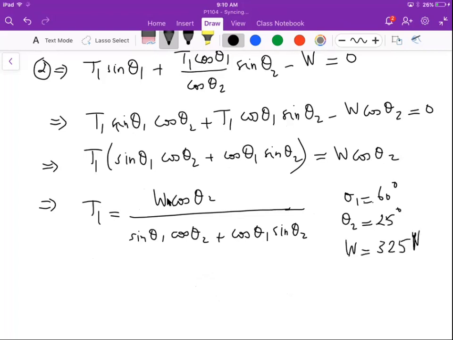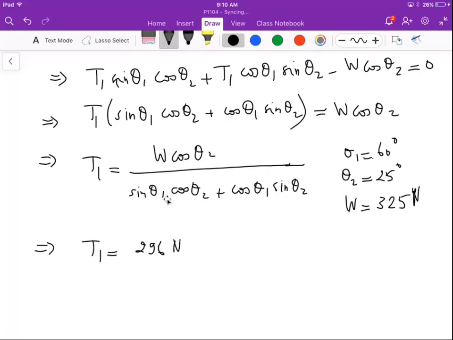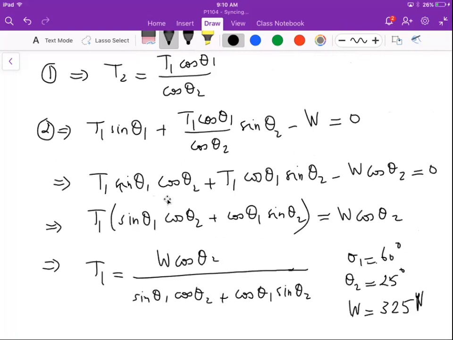And so by making the numerical application, we end up with T1 equal to 296 Newton, and T2 we can deduce is equal to T1 times cosine theta 1 divided by cosine theta 2.